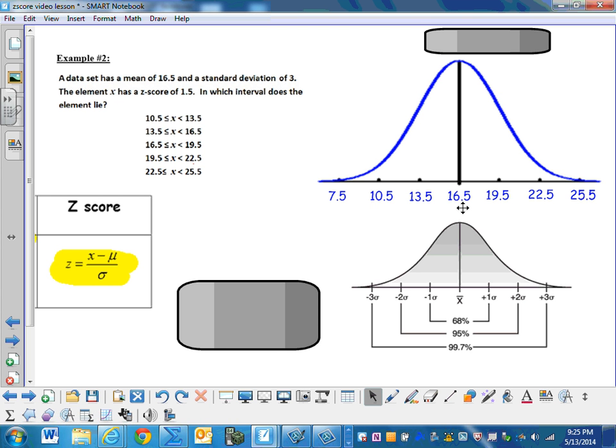One standard deviation, we add 3 to give us 19.5. We add 3, 22.5. We add 3, 25.5. That's 1, 2, 3 standard deviations above the mean. To get the 3 standard deviations below the mean, we start at 16.5, subtract 3, subtract 3, subtract 3.